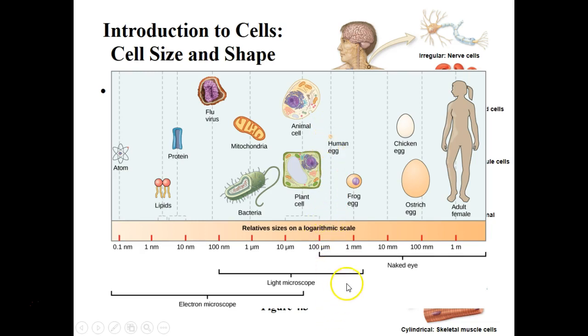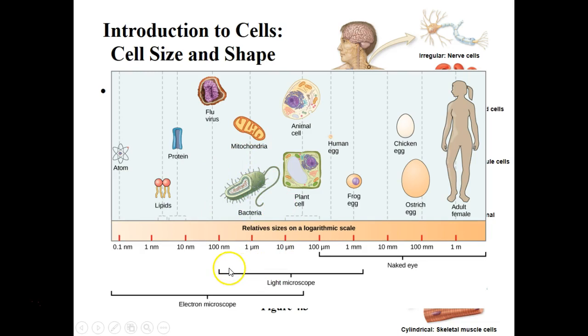Typically we use light microscopy to look at human egg cells or anything smaller, like animal cells, our body cells, plant cells, organelles that make up our cells, or bacterial cells.